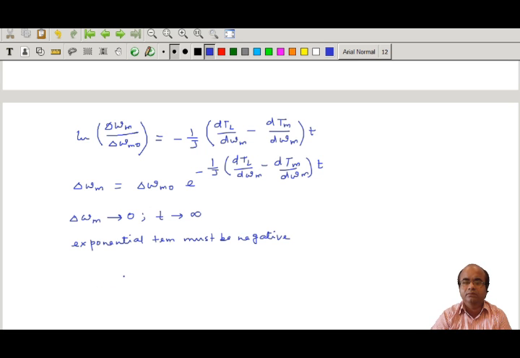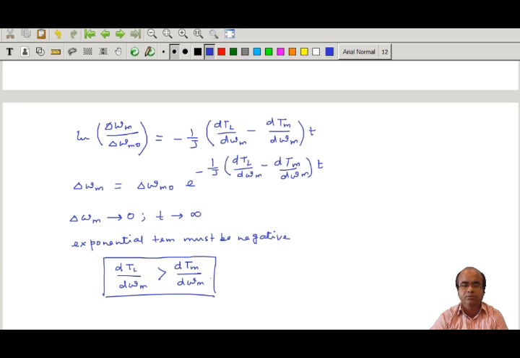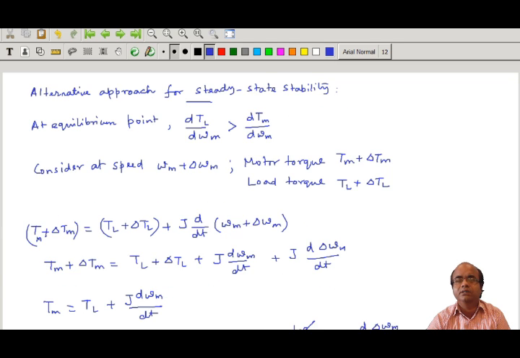The exponential term becomes negative when dTL by d omega m is greater than dTm by d omega m. This is the criterion for the equilibrium point of operation, and from the graphical representation we will also get this.